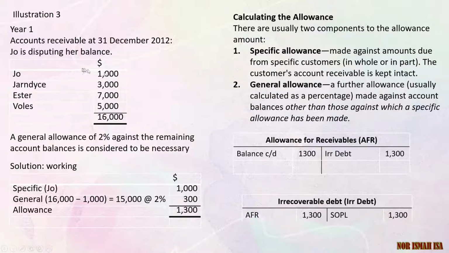I have already given an example before. So Joe is the specific allowance and the rest is the general allowance. So how to calculate? You just look at here. I have told you before.